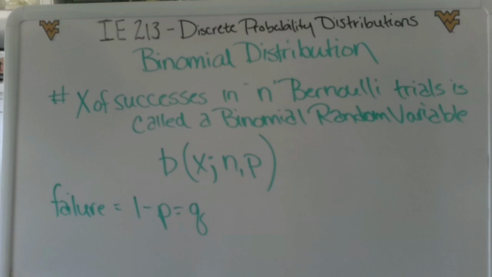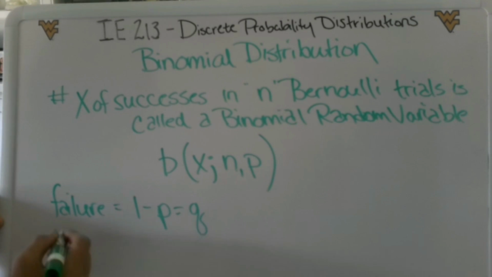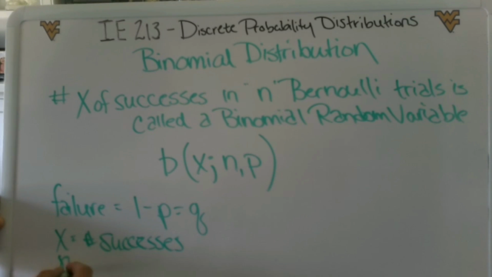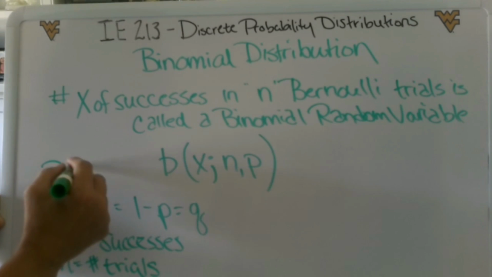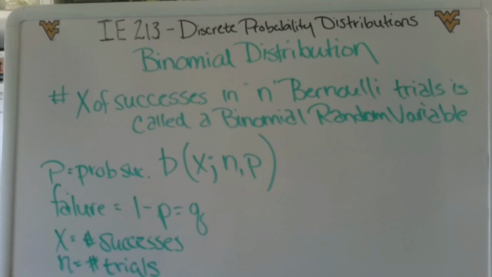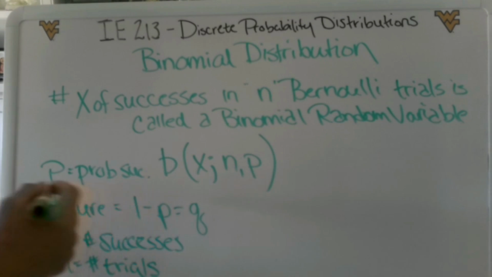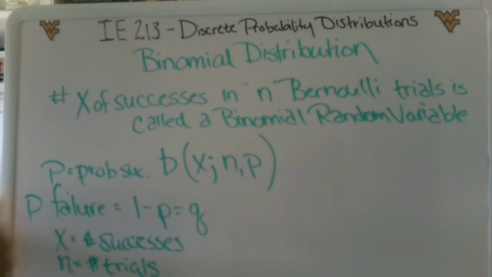Then the probability distribution of the binomial random variable X, the number of successes in N trials. So X is the number of successes, N is number of trials, P is probability of success. And obviously now Q is 1 minus P, the probability of failure.